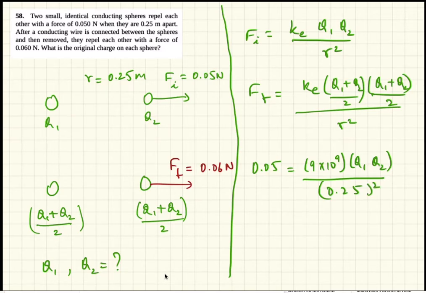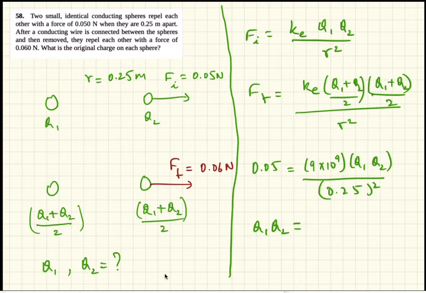So this equation tells us Q1 times Q2 is 0.05 times 0.25 squared divided by 9 times 10 to the 9.